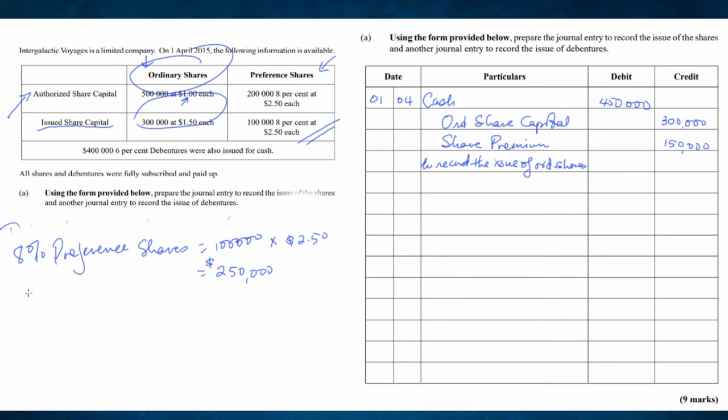The next account that is affected is the cash, because we are issuing the shares to preference shareholders and in return we receive cash. The cash is the total amount that we receive, which is the same calculation, 100,000 multiplied by the issue price. Now let's put this into our general journal. We are going to debit cash once more, and the amount for cash is $250,000.